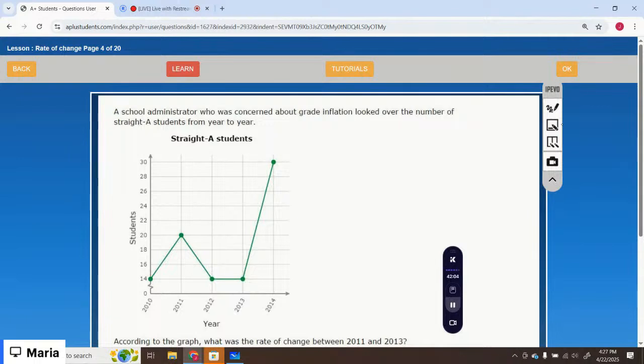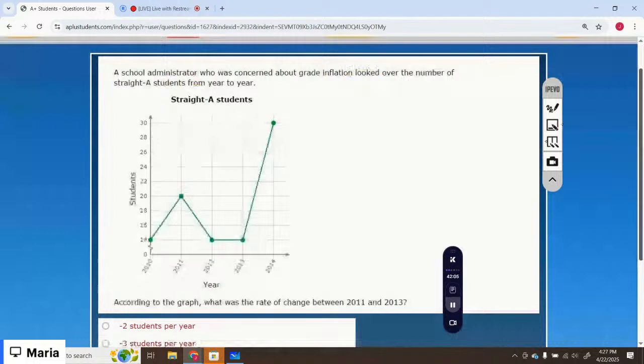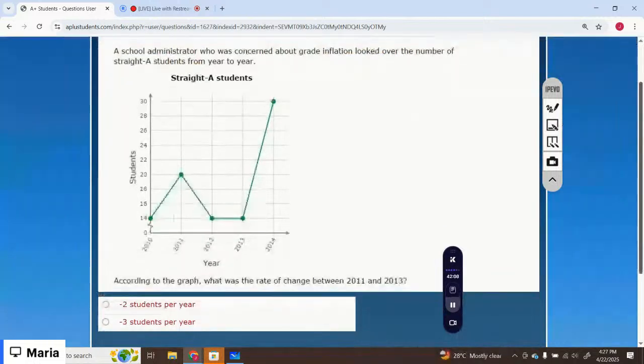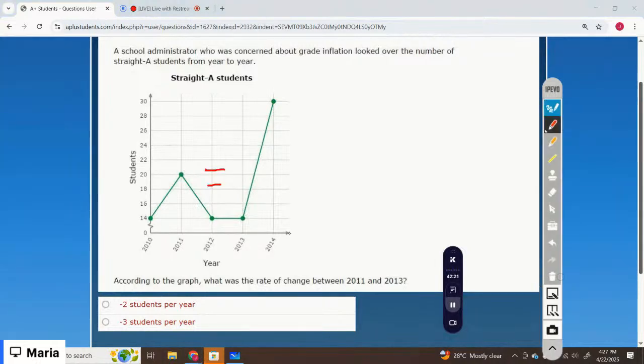A school administrator who was concerned about grade inflation looked over the number of straight-A students from year to year. According to the graph, what was the rate of change 2011-2013? 2011, 28, and 2013, that is 14.